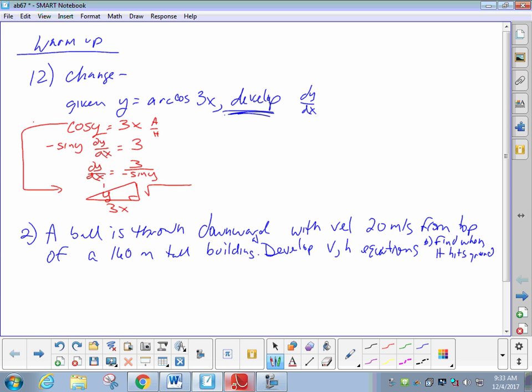Pythagorean theorem, I get the square root of 1 minus 9x squared. With that, I can replace sine y with opposite to hypotenuse, which is the square root of 1 minus 9x squared. There's a negative in there, sorry. Are you with me? That's the work I should see.